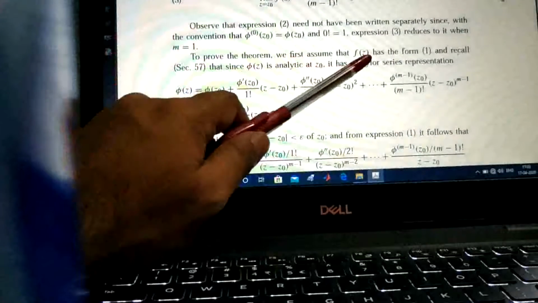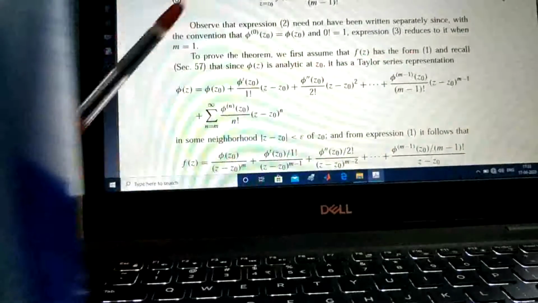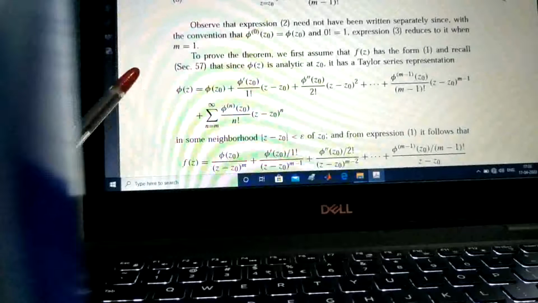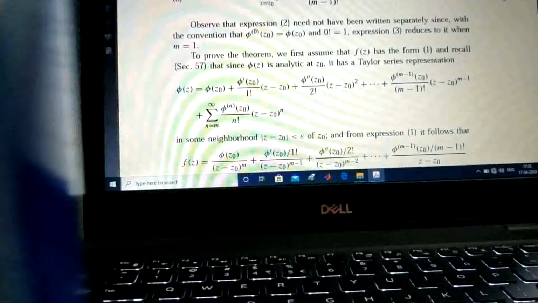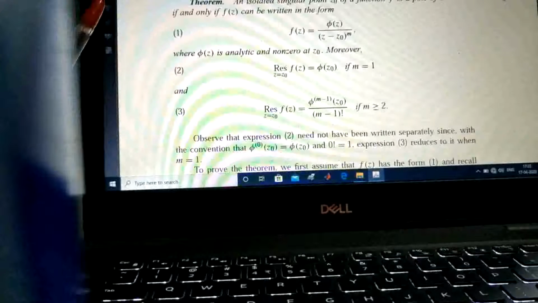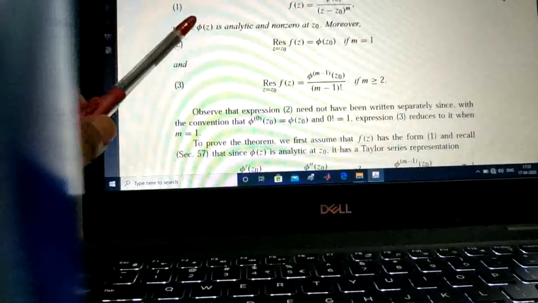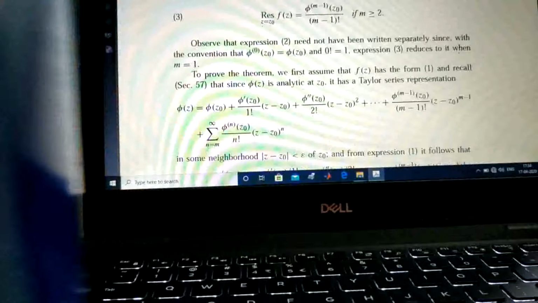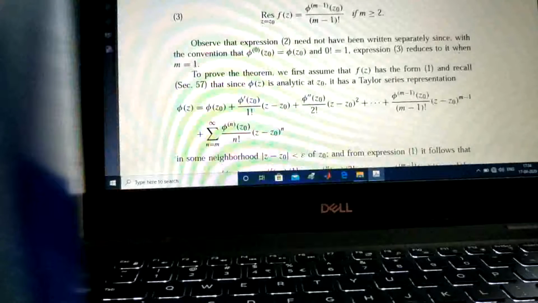So assume f of z has the structure phi of z by z minus z0 whole to the power m, where in the assumption it is also there that phi of z is analytic at z0 and phi of z0 is a non-zero complex number.